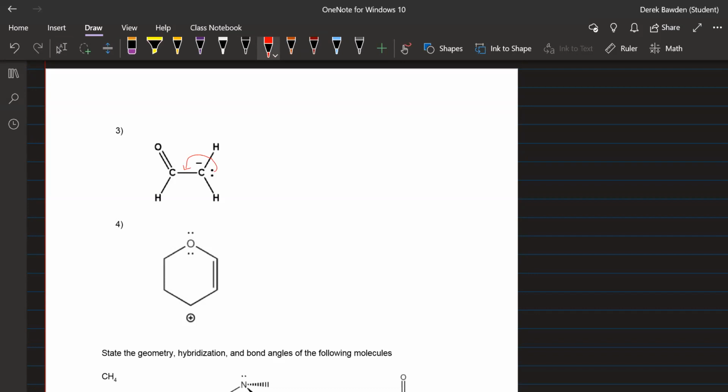And then doing so would break the octet for the left side carbon. So we need to break this double bond and move it onto oxygen. Okay. So we're going to have C double bond C, hydrogen, hydrogen, hydrogen, and then an oxygen, which now has 3 sets of lone pairs and a negative charge.